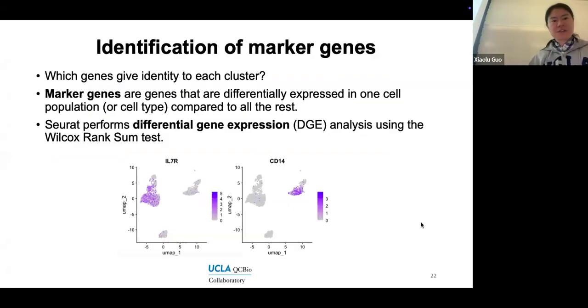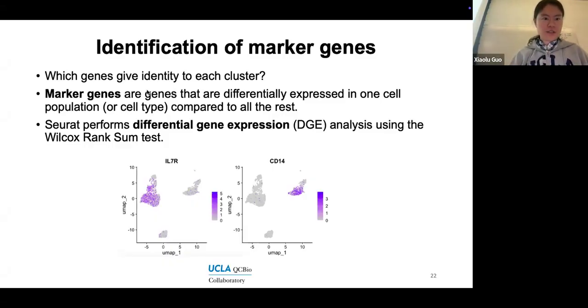So after we have these clusters, the projection is having problems again. What we want to do is identify the marker genes, because this helps us identify the cell type.